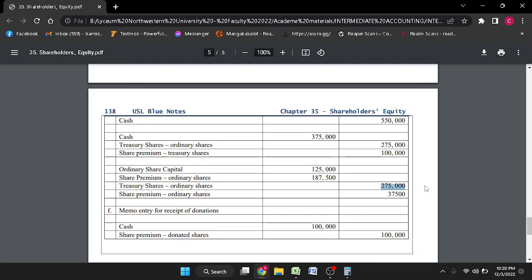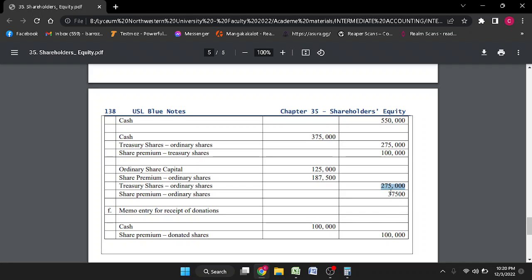The 275 was the total half of the cost the company paid to reacquire the total 50,000, in which half of that reacquired was reissued and half is now being retired, which is the total amount 275.